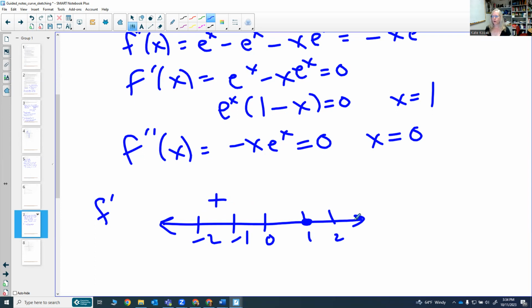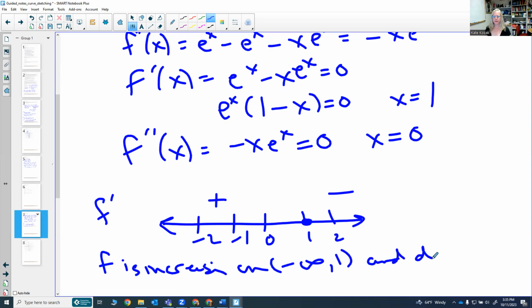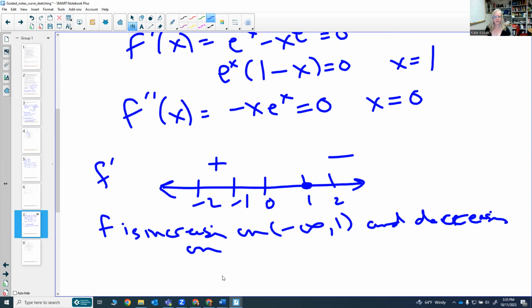If you're bigger than 1, such as 2, and you plug it in, you're going to get a negative number. So f is increasing on negative infinity to 1 and decreasing on 1 to infinity.